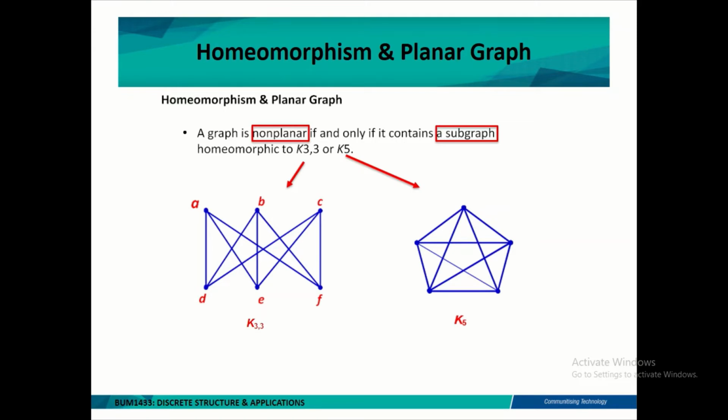So this is the graph of K33 and this is the K5. If the given graph has a subgraph homomorphic to the K33 or the K5, just conclude that the graph is non-planar. Alright, let's see for the example.